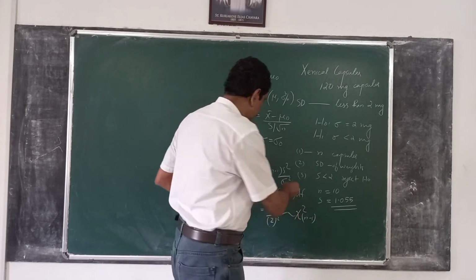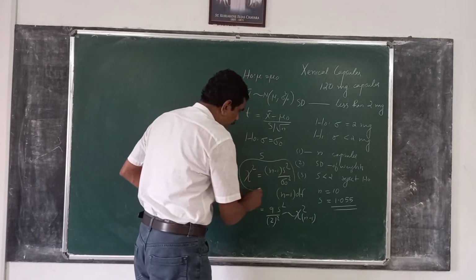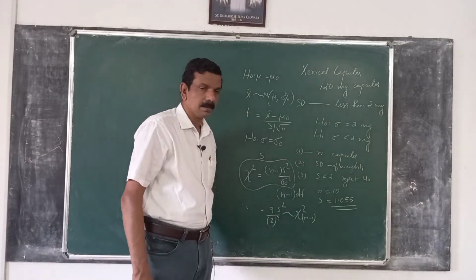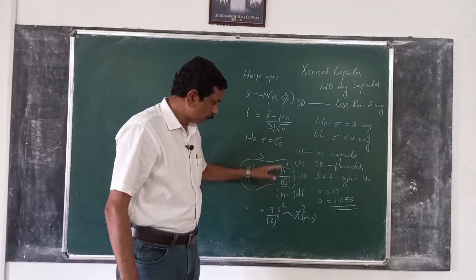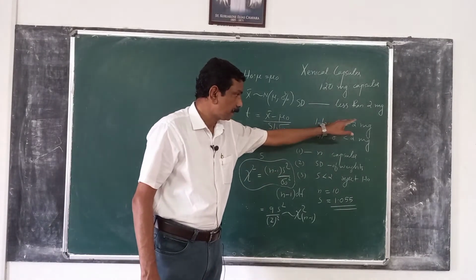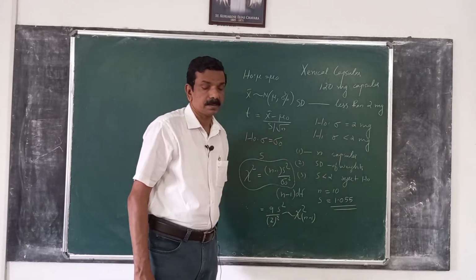So, we use the test statistic chi-square as n minus 1 into s square by sigma square to test the hypothesis that sigma is equal to 2 versus sigma is less than 2.